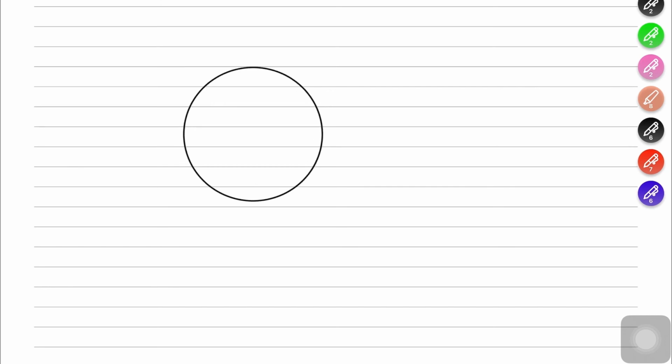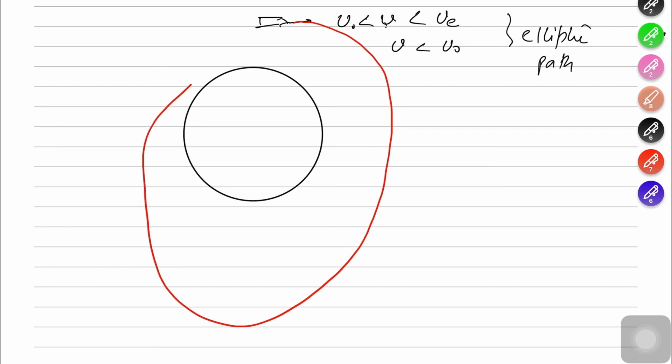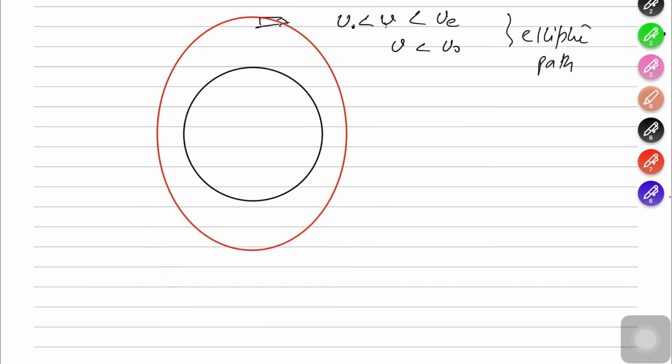If this is the earth, and any body or satellite is projected with a velocity less than the escape velocity but greater than the orbital velocity, or a velocity less than the orbital velocity, in both cases they will follow an elliptic path.